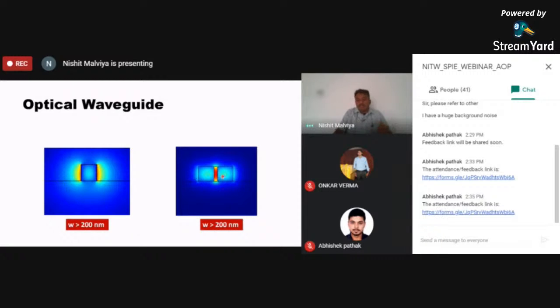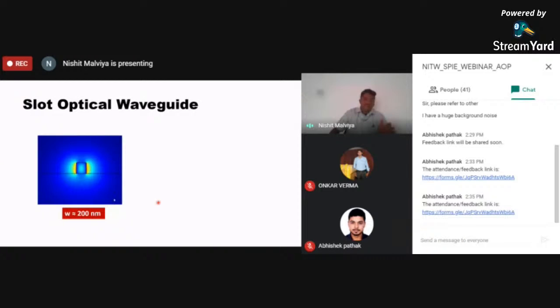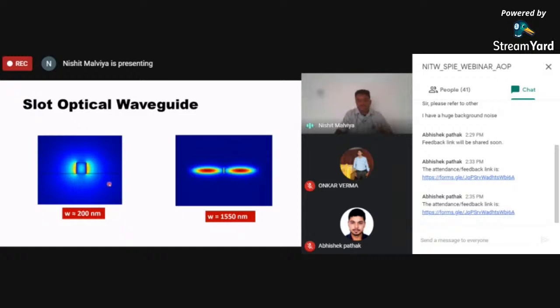So here we made the silicon slot waveguide. How is it made, and how do we do the analysis? These are the fundamentals. Once again, this is the 200 nanometer waveguide, and the channel distribution is there. We start the study with 1550 nanometers, and we reduce the width of our waveguide.